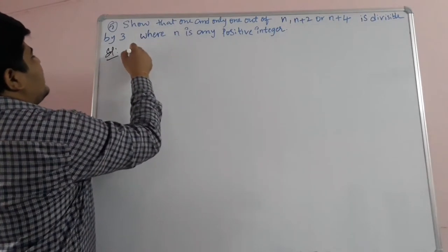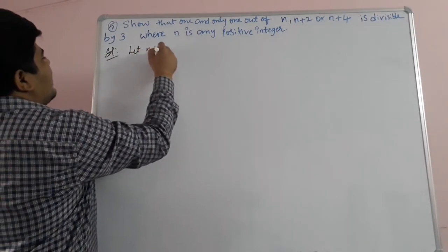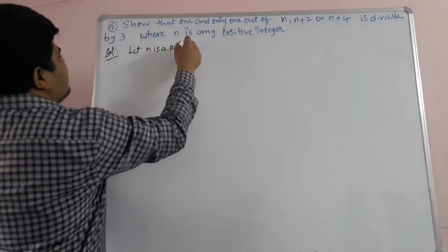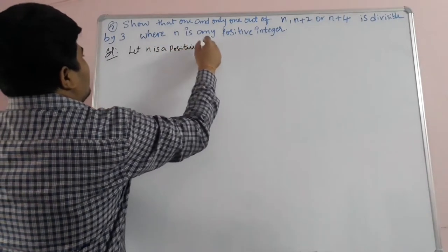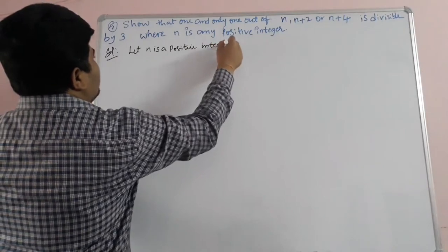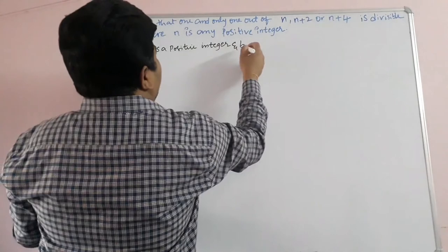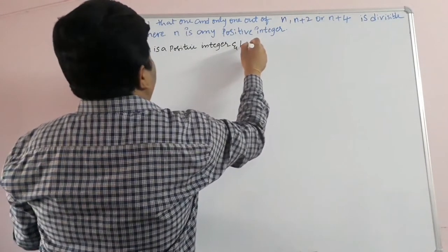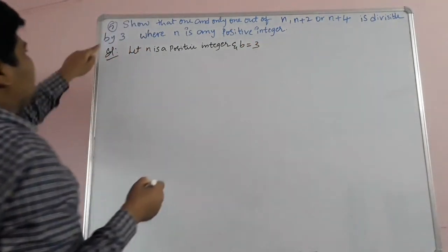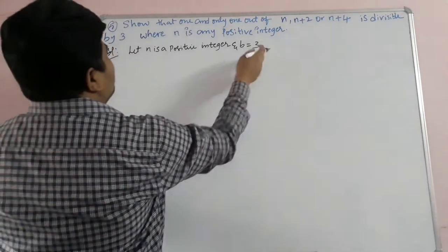Let n be a positive integer and the divisor b is equal to 3, since they are asking about divisibility by 3.